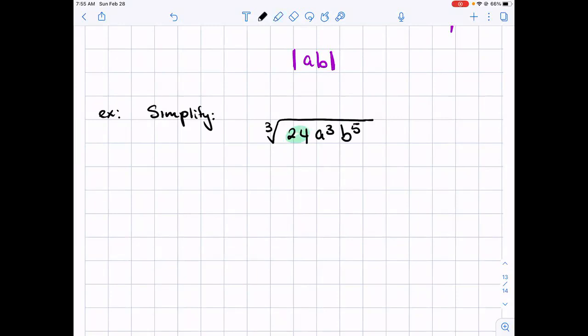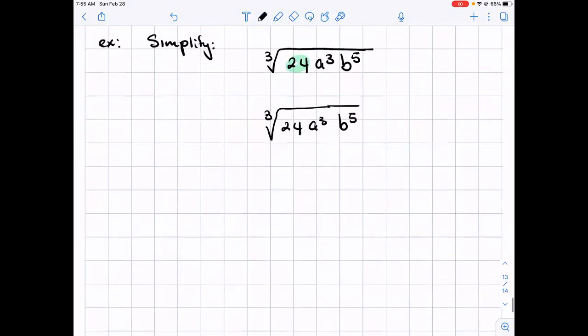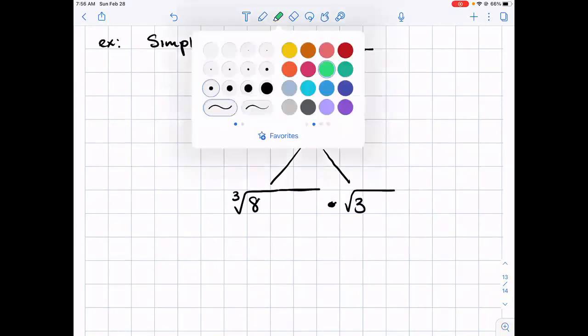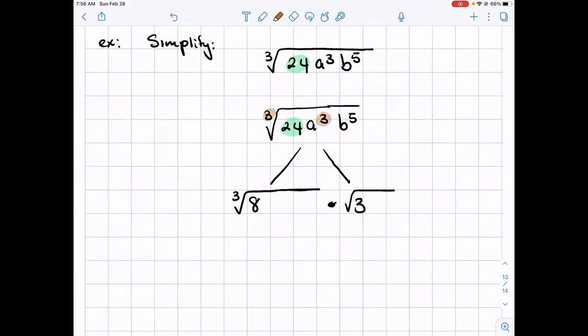So the cube root of 24a cubed b to the fifth, we're going to break it up into two cube roots, cube root times another cube root. And 24, I know the cube root of 8, so 8 times 3. A cubed, 3 here, is divisible by the index 3. So we write the a cubed.